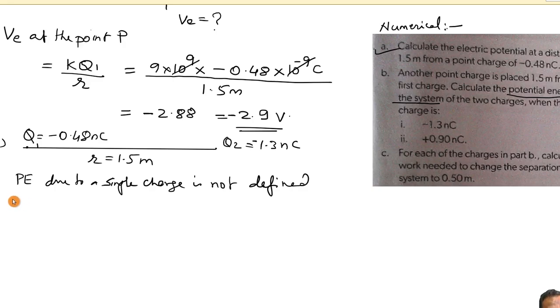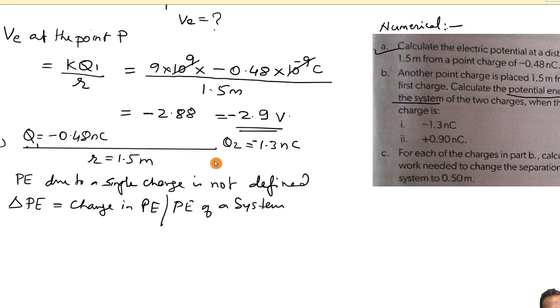There's something called change in potential energy, that is delta PE. This delta PE is known as change in potential energy. Many a times this itself is referred to as potential energy of a system. So when they are asking you potential energy of a system, that means there will not be a single charge; there should be at least two charges, and in this case we have these two charges, Q1 and Q2.